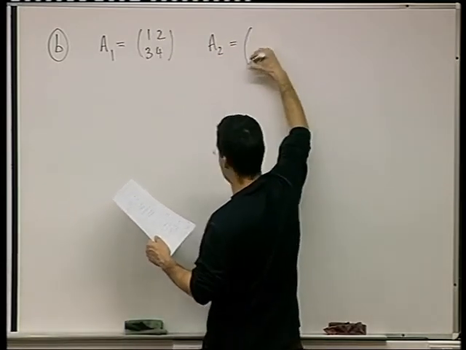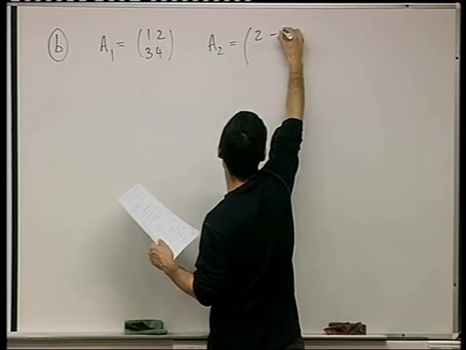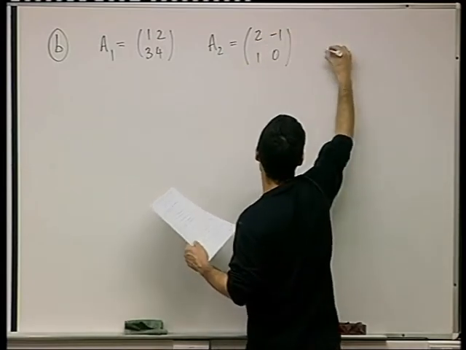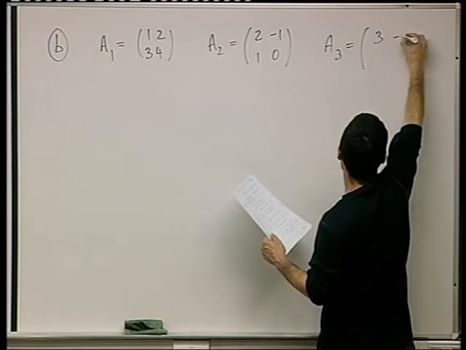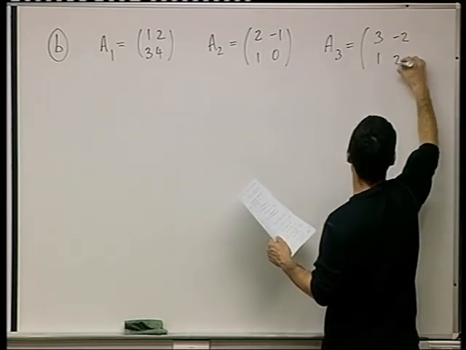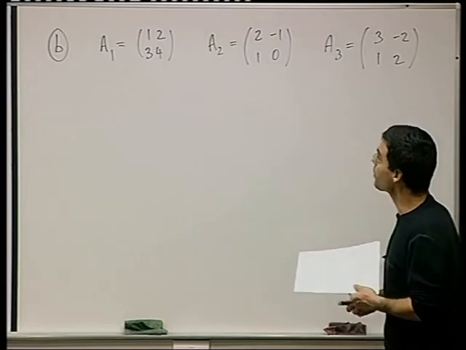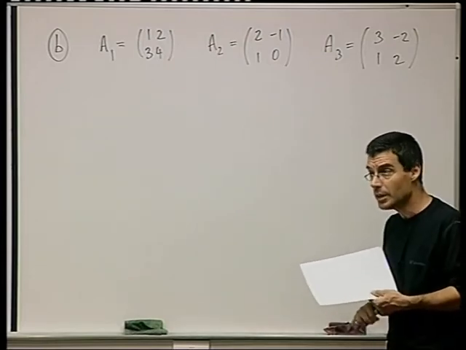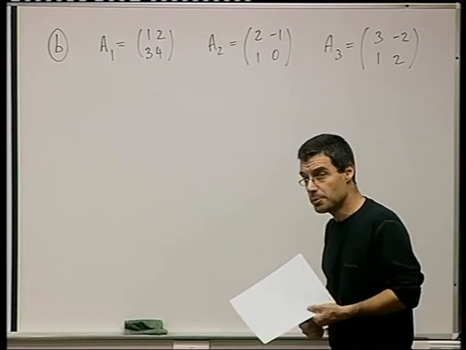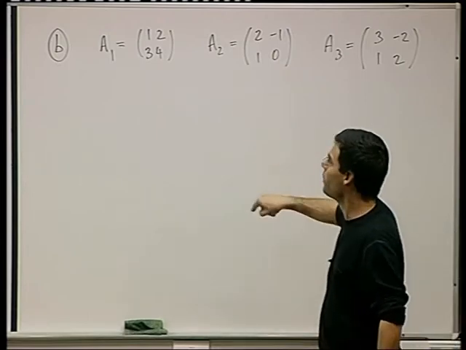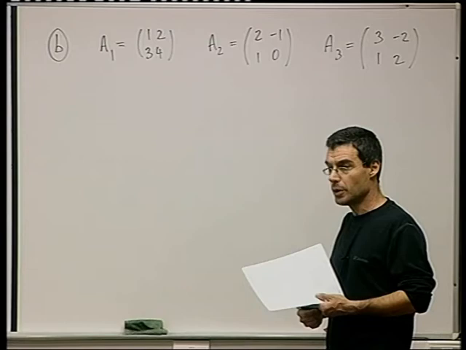A2 is going to be the matrix 2, negative 1, 1, 0. And A3 is going to be the matrix 3, minus 2, 1, 2. These are three vectors in the vector space M2 by 2 over R. Do you agree?